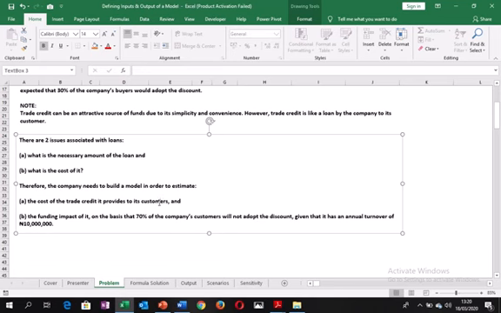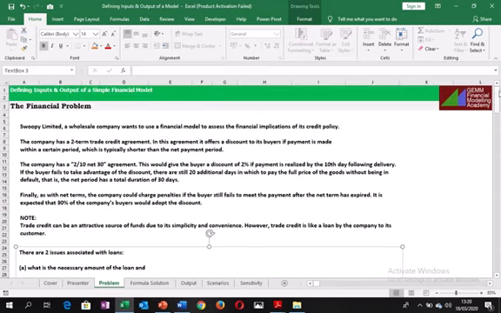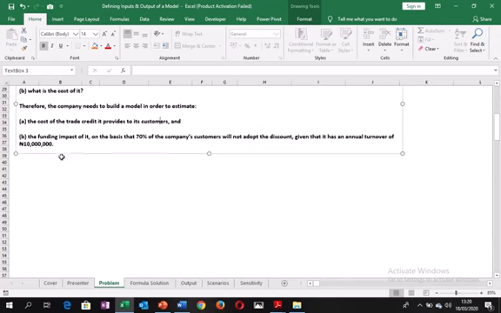Now, in order to determine this 2% that is being taken from their payment in absolute terms, we need to begin to identify the inputs that relate to it. What are the inputs that will make us establish the absolute amount of 2% discount granted to customers? One, we need the annual turnover that the company earned. 10 million is an input to it.